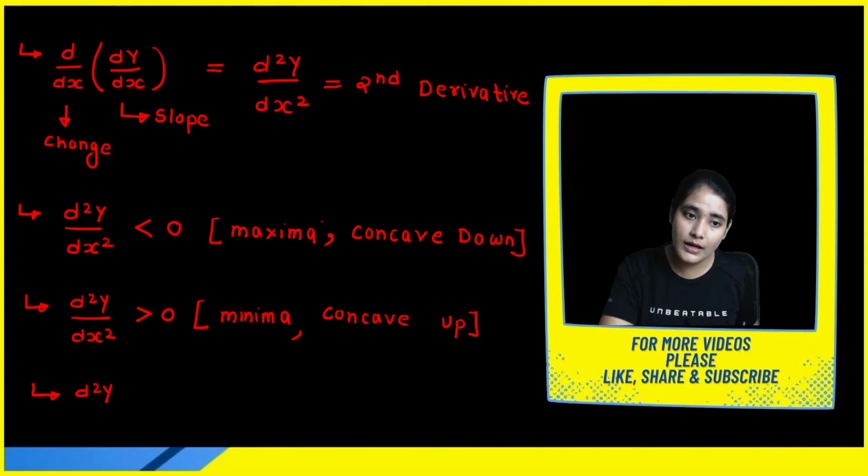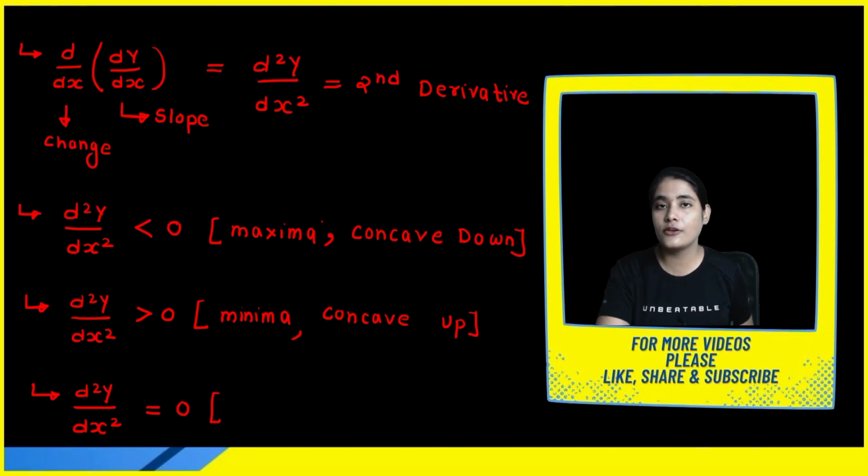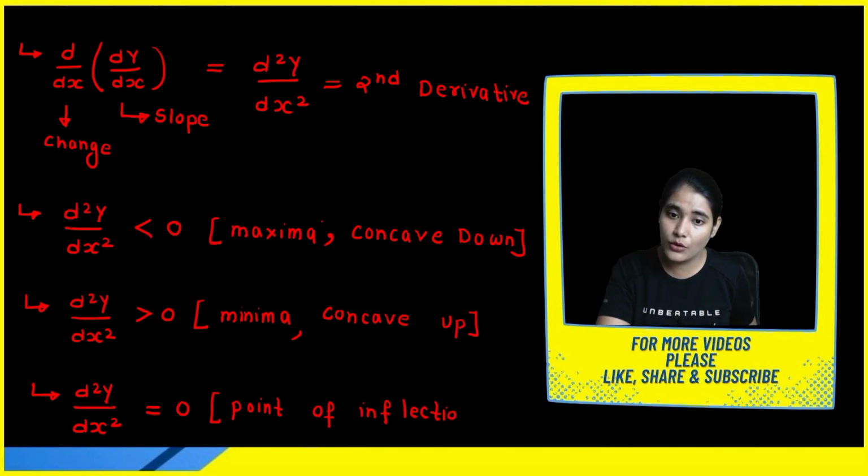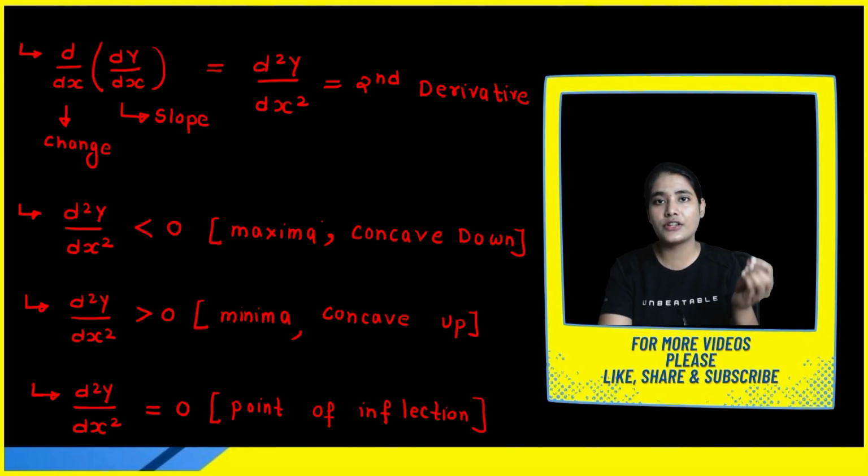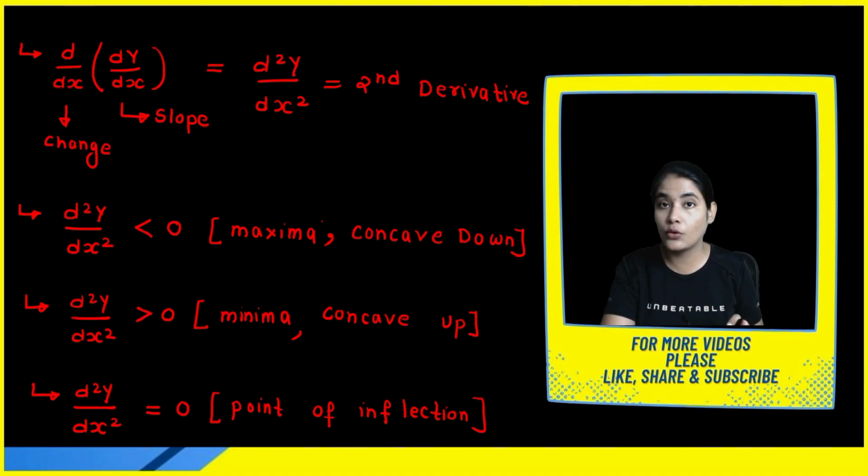So always remember, at the point of inflection, if you are interested in finding it, your double derivative value will be equal to 0, and here only you will get the point of inflection. And there is one more observation. It is not like you have a function, take the double derivative equal to 0, and you get a point of inflection.